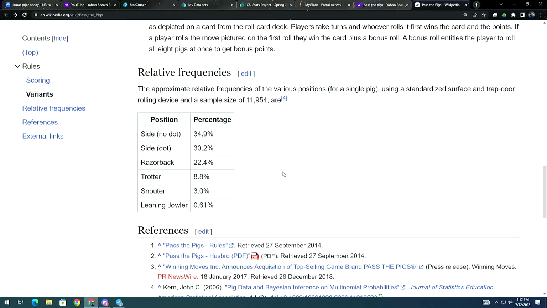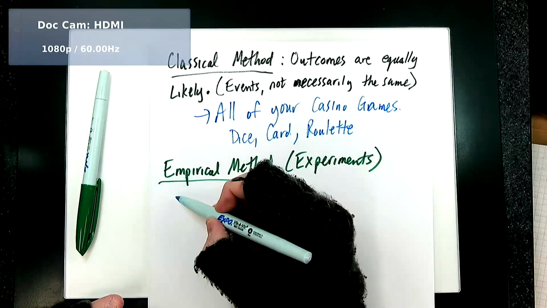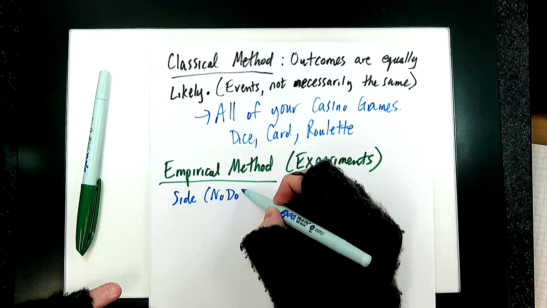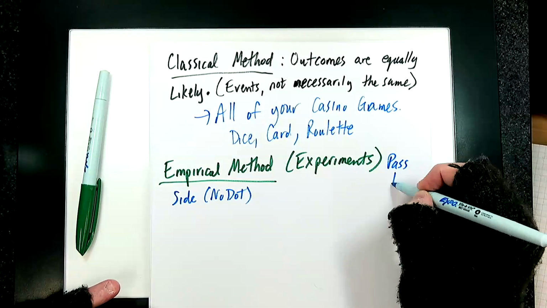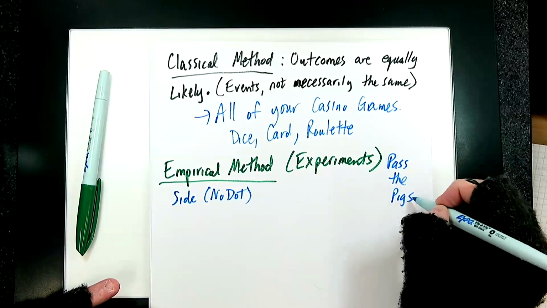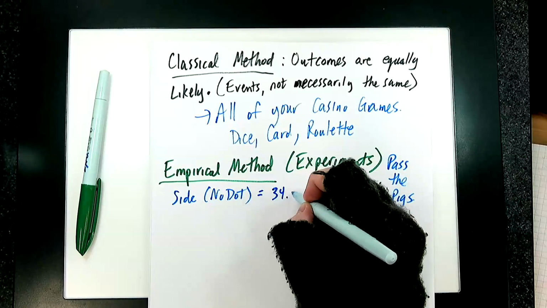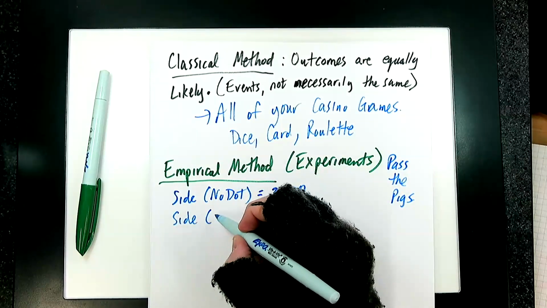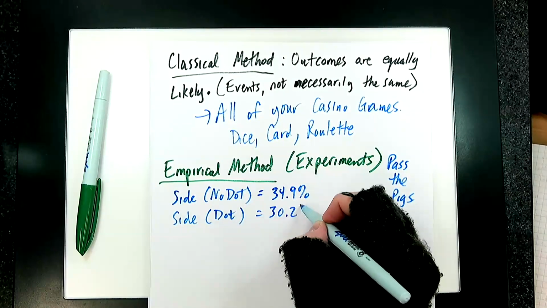I'm gonna write these down. So, side with no dot. This is Pass the Pigs. Cute little bastards. 34.9%. Side with dot is 30.2%.